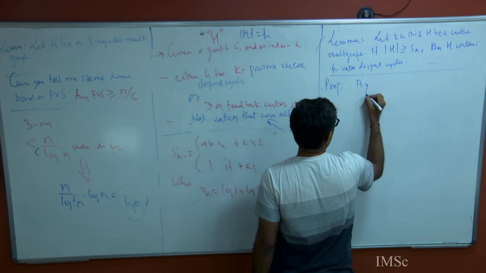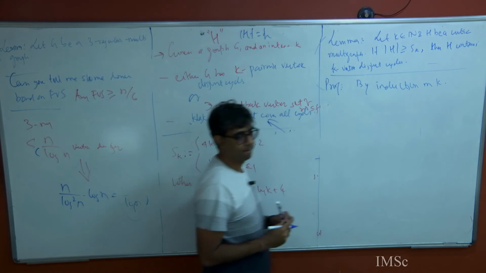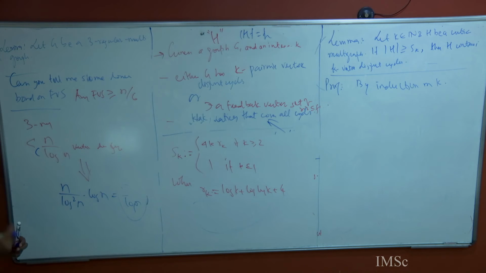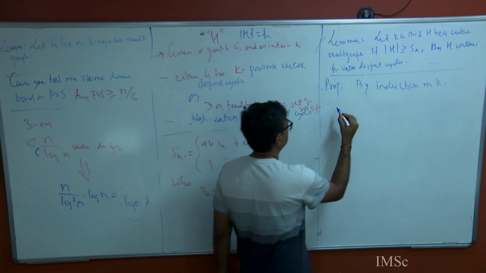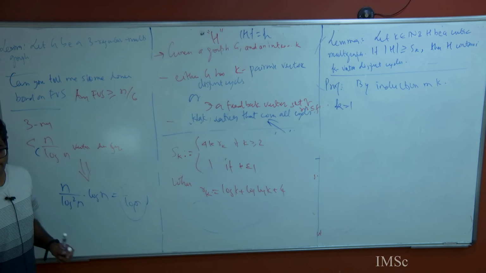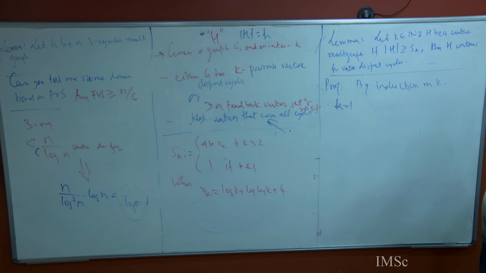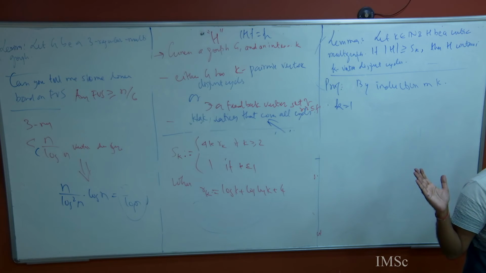The proof is by induction on k. For k equal to 1, is it obvious? Why is it obvious? For k equal to 1, all we care about is that if you have a cubic graph, it should contain a cycle. It does contain a cycle, right? So this is fine.